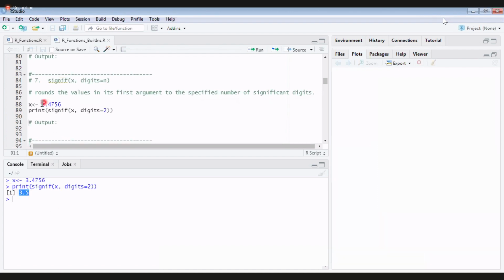It is rounding off for these two starting from the first number. Round considers digits after the decimal, but signif counts starting from the leading number. See, I'm getting 3 digits. If I give 3, it will round off to 475, so the output will be 3.476 in round and it is 3.48 in signif.